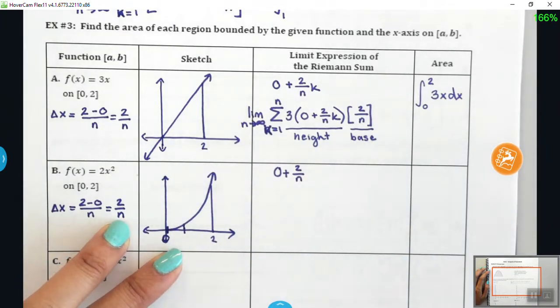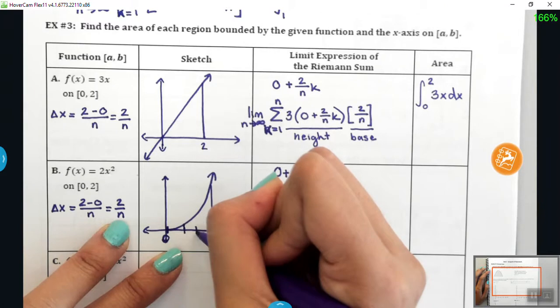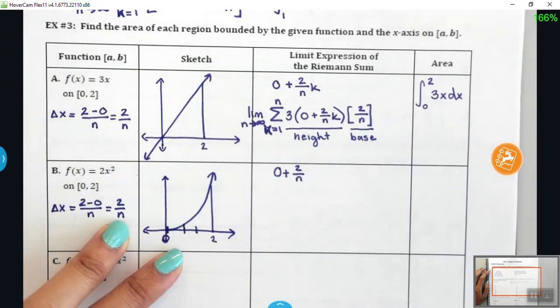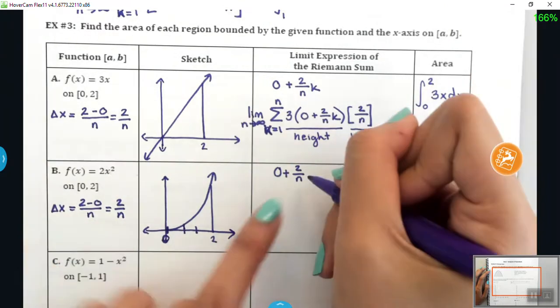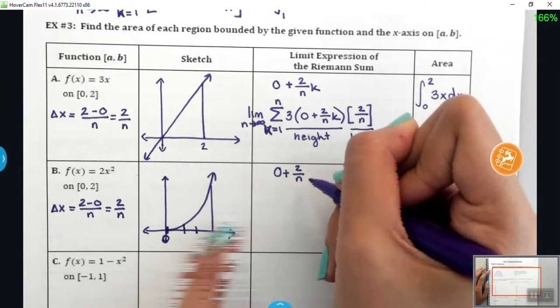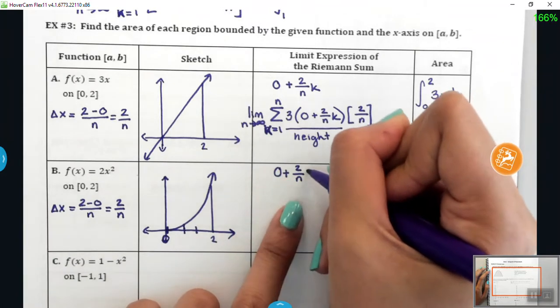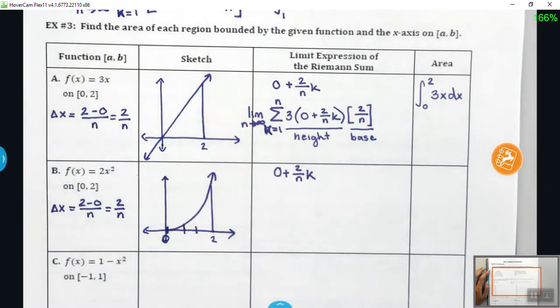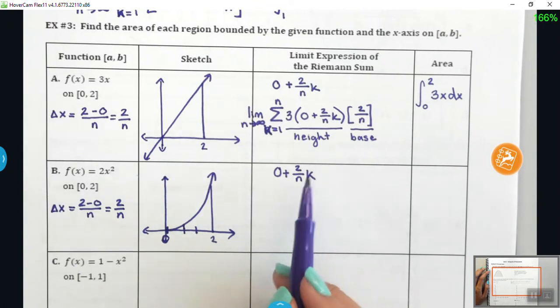And then the next increment would be 0 plus 2 over n times 2. And the next one would be 2 over n times 3, right? So our increments become 0 plus 2 over n k, with k being whichever interval I want. If I want the first one, k would be 1. If I want the second one, k would be 2. Third one, k would be 3. Okay? All right.